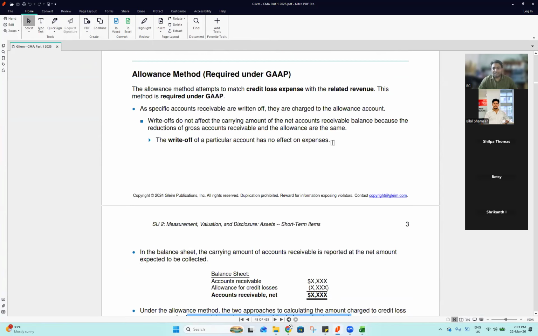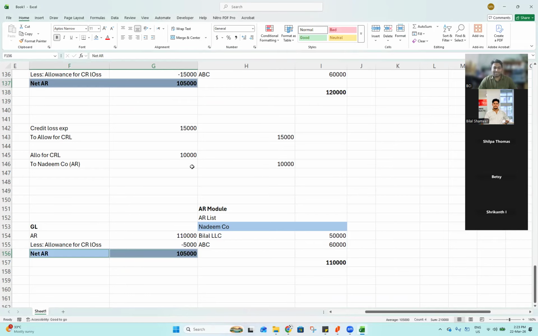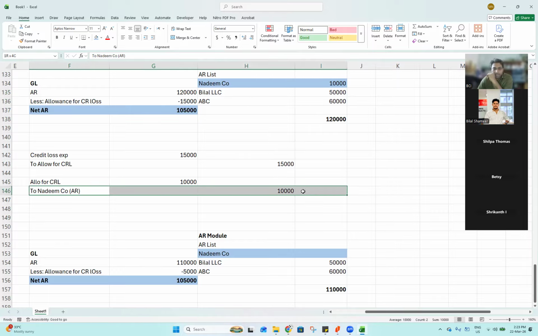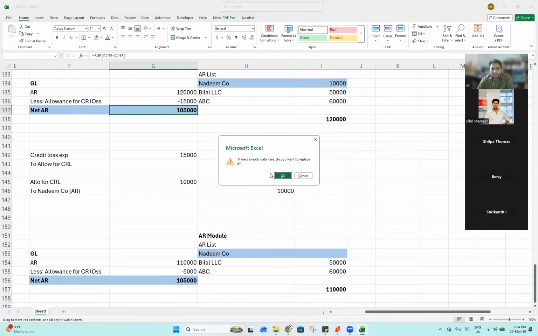That is why I asked, did you understand what we read here? Why do we get the same amount for net AR? Because we are removing 10,000 from accounts receivable, and the net amount is 120 minus 15,000.